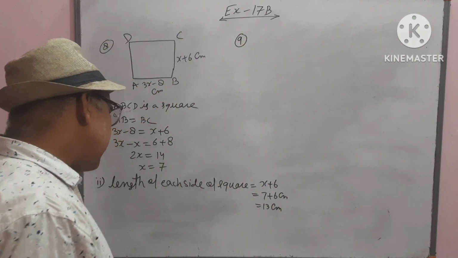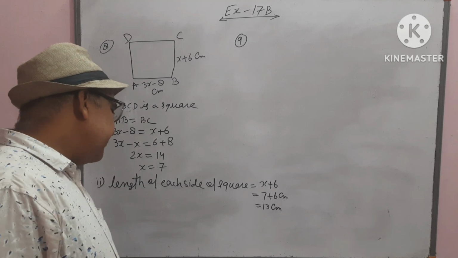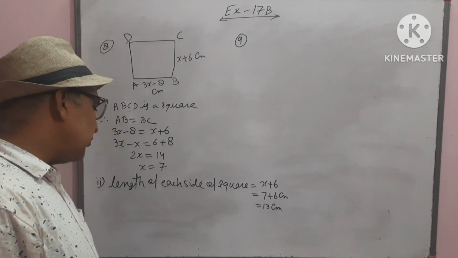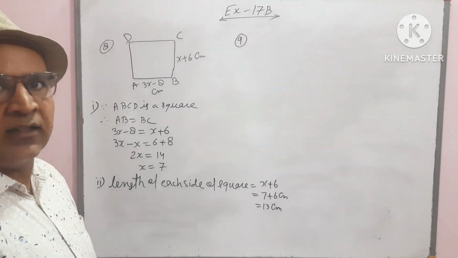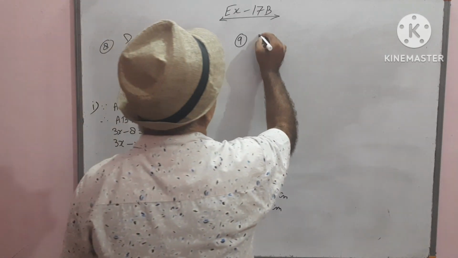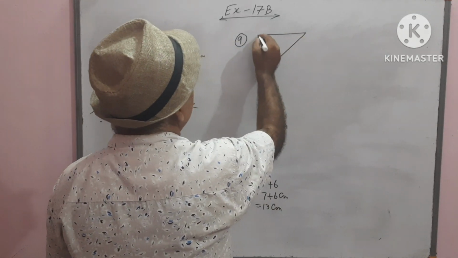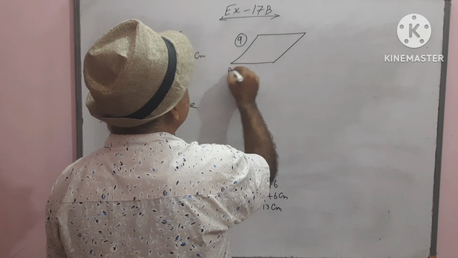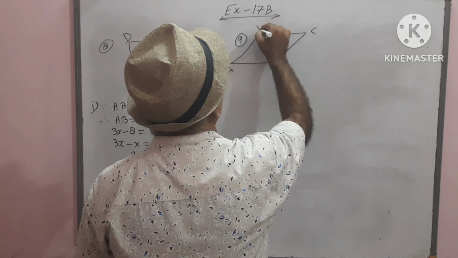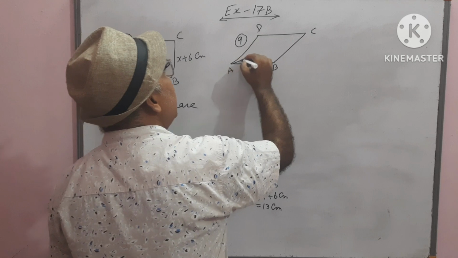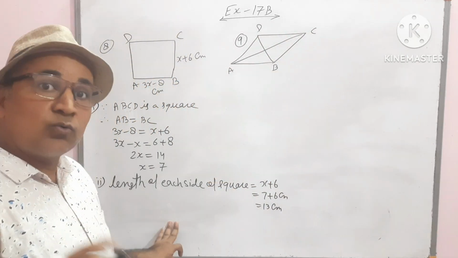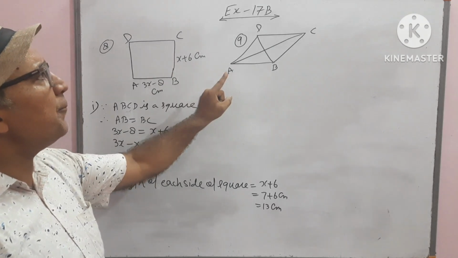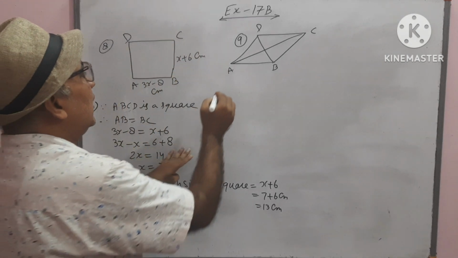In question number 9, it is given that if the diagonals of a parallelogram are equal in length, then the parallelogram is a rectangle. Note carefully. Suppose that ABCD is a parallelogram and AC and BD are its diagonals, and the question is saying that in a parallelogram the diagonals are equal.